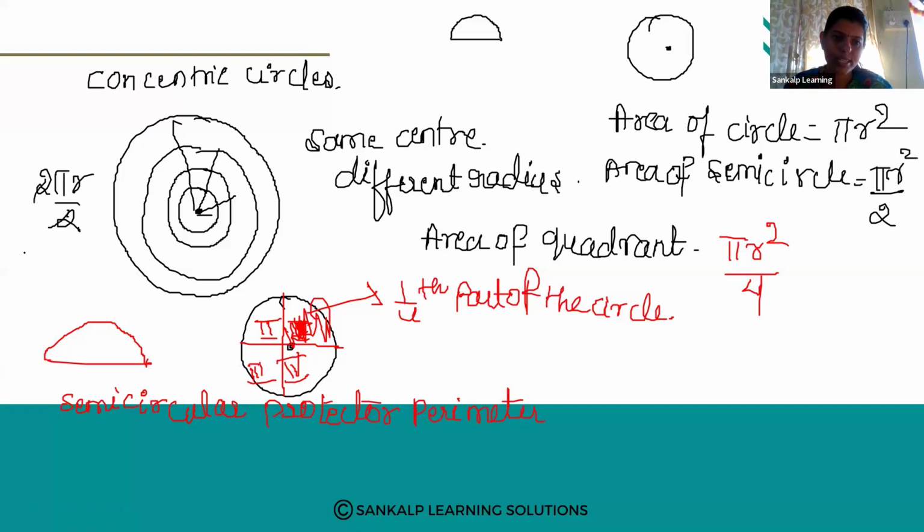So the 2 cancels, giving pi r. So pi r is the semicircular protector perimeter. See, here it is not only this.